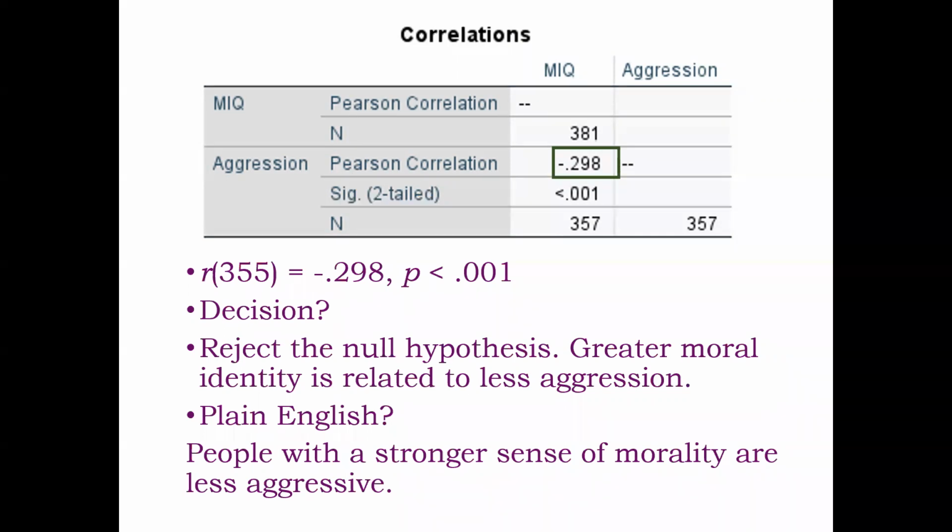This means that the likelihood of obtaining a Pearson correlation of negative 0.30, if these data came from a null distribution where rho equals 0, is less than 0.001. So it's very unlikely. Our decision is to reject the null hypothesis. Greater moral identity is related to less aggression. In plain English, people with a stronger sense of morality are less aggressive.